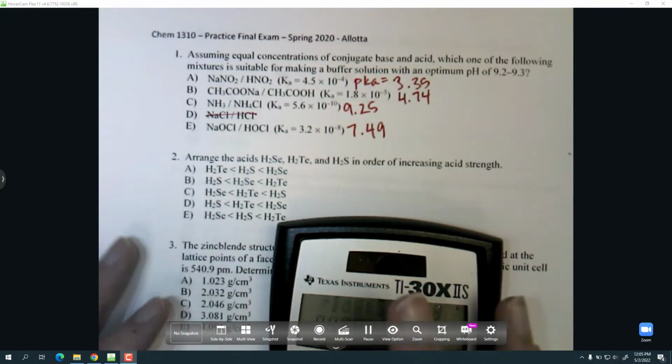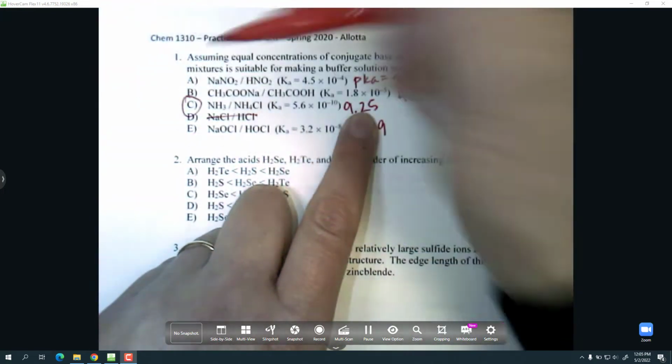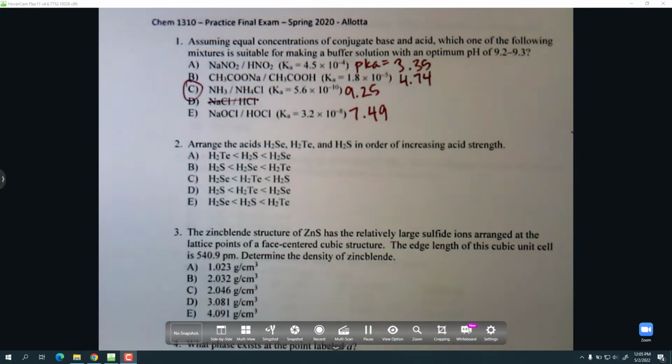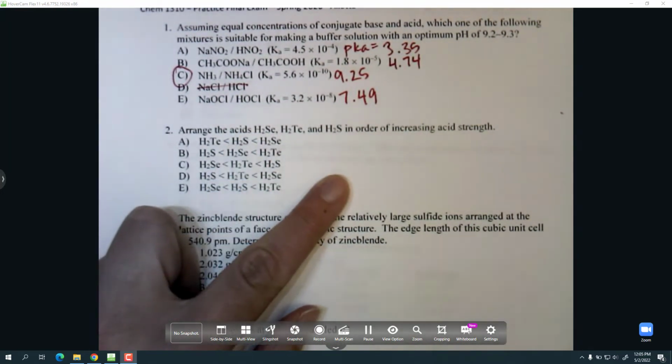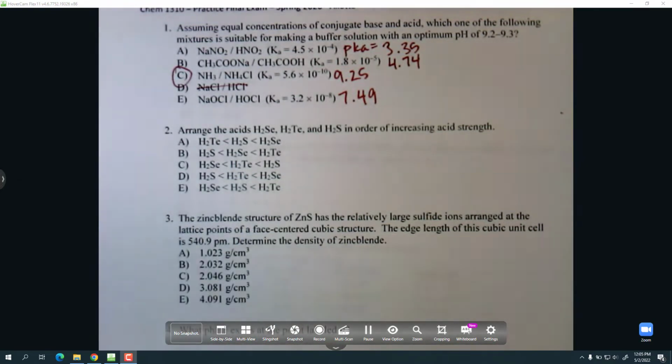All right, so there's my pKa's. I'm looking for something in the 9.2 to 9.3 range, so I see that must be this one with a pKa of 9.25.